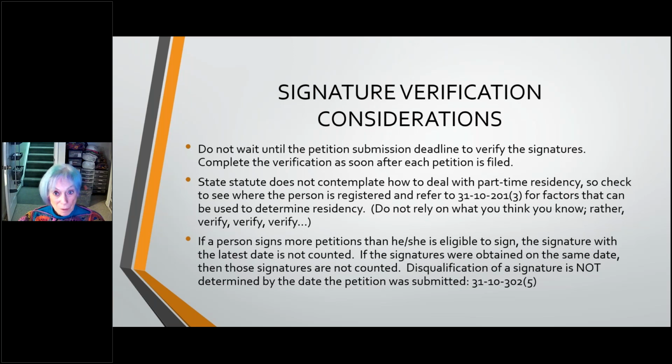You count the number of signatures to make sure there's at least 10 signatures on the petition, and then I would immediately go ahead and check the signatures, either using a voting list provided to you by the county clerk and recorder, or you can use DEO access if you have access to that.